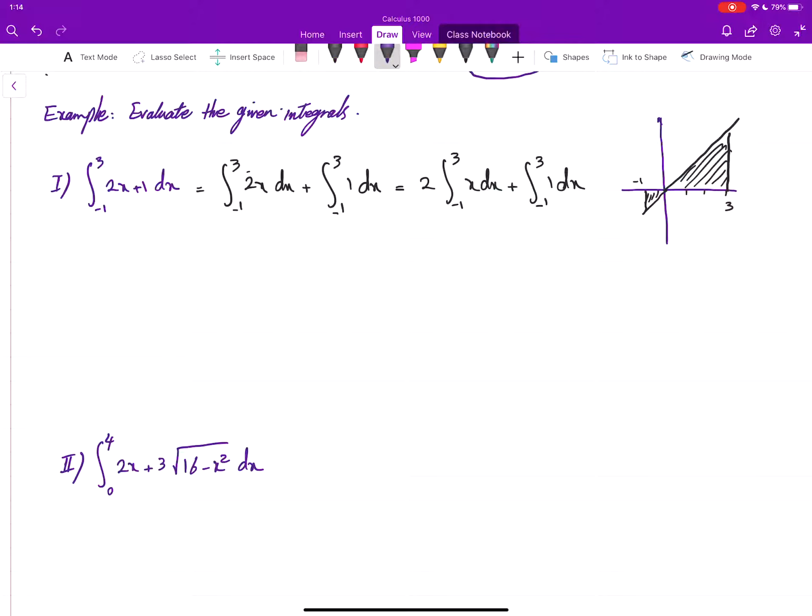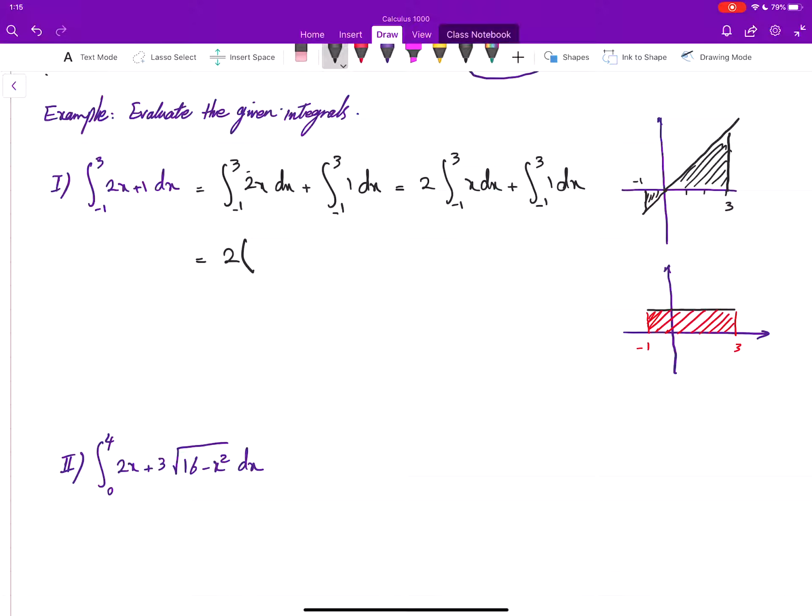And the other one is just the constant 1 from -1 to 3, so this is -1 and this is 3. This is just a rectangle. That's two triangles. Here I have 2 times the area of the small triangle.